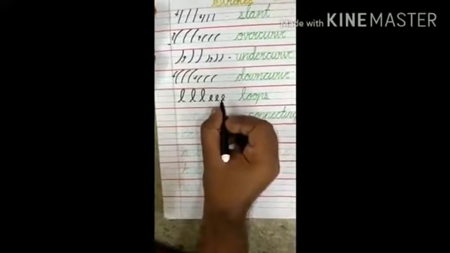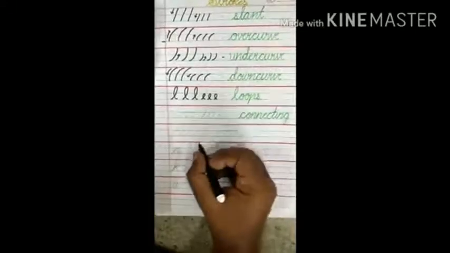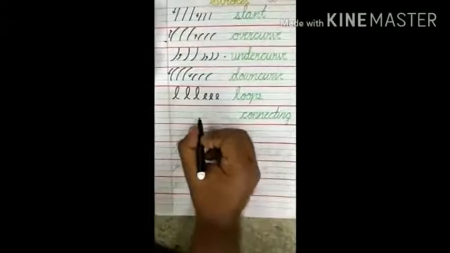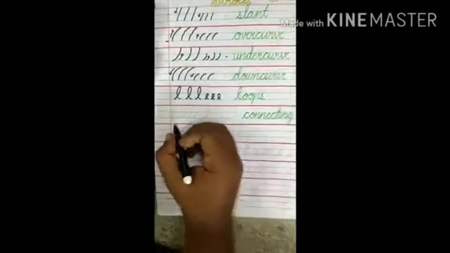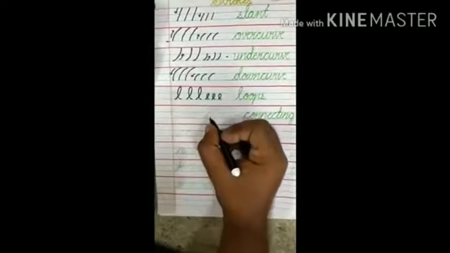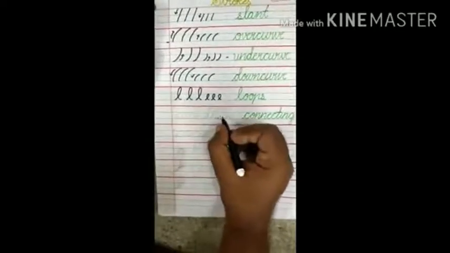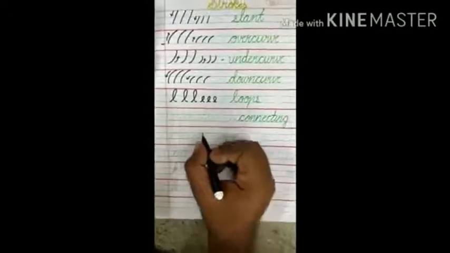Next, connecting the alphabets with under curve and over curve. With under curve like this, with over curve like this. We have to connect the alphabets with under curves like this and over curve like this.